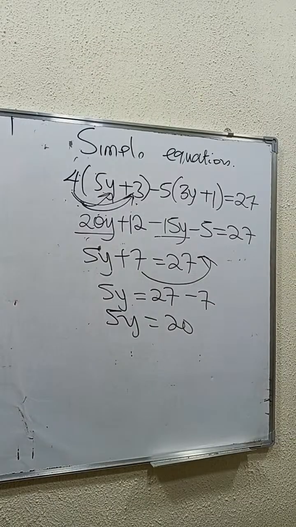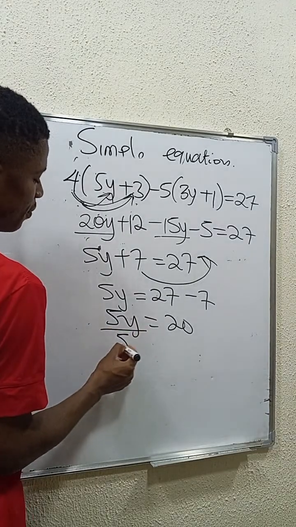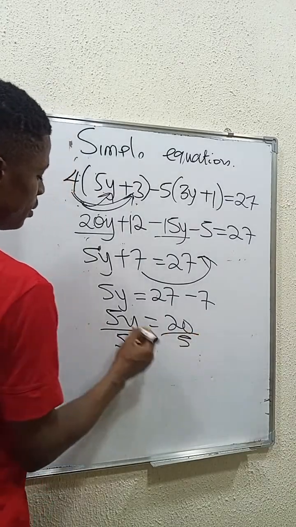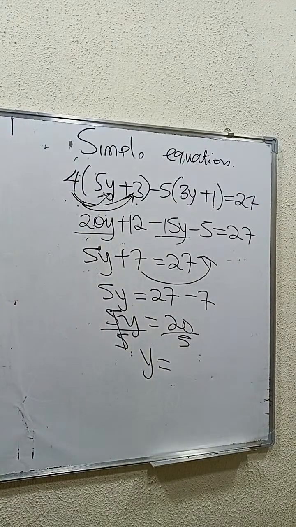Okay. So since you have that 5y is 20, the next thing you do is to divide both sides by 5. What is 20 divided by 5?